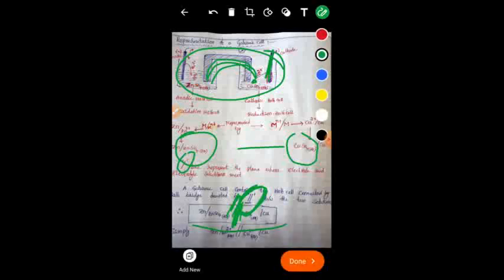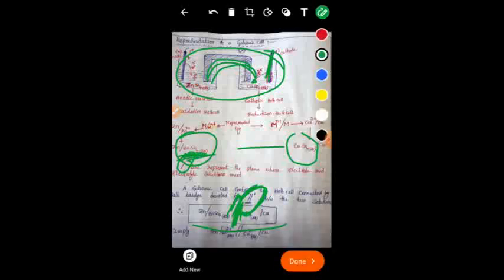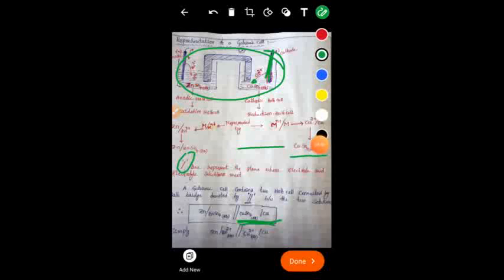To the left of the salt bridge, oxidation electrodes and reactions are written: Zn/ZnSO4, that means this one. To the right of the salt bridge, the reduction half part is written: CuSO4/Cu.